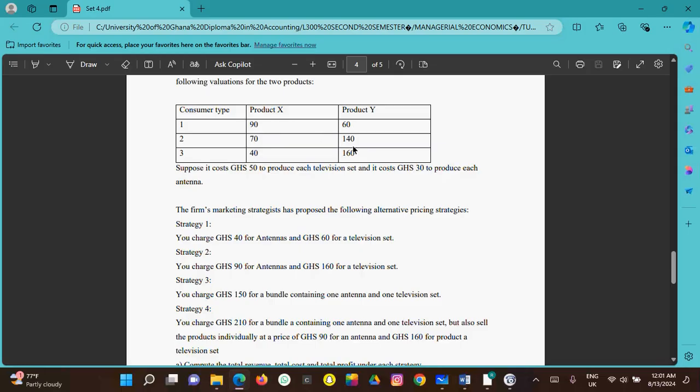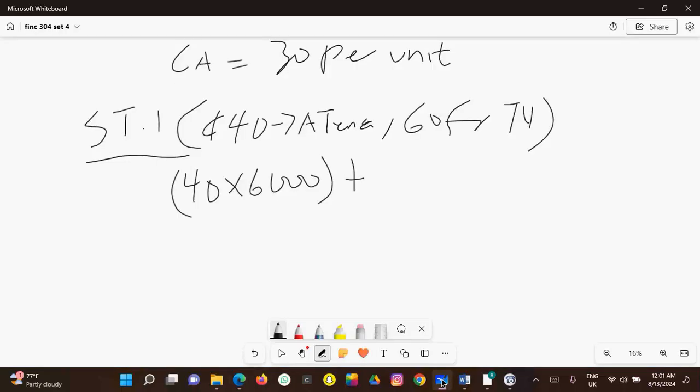Type 2 can also buy because type 2 is willing to pay 140. Type 3 can buy because type 3 is willing to pay 160 for TV. So all of them are going to buy, plus 60 times 6,000, because all the groups buy. And we get 600,000.